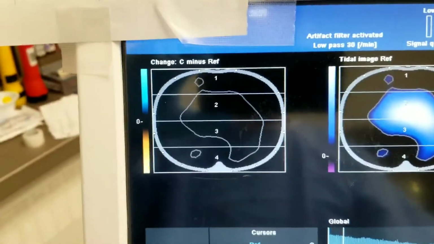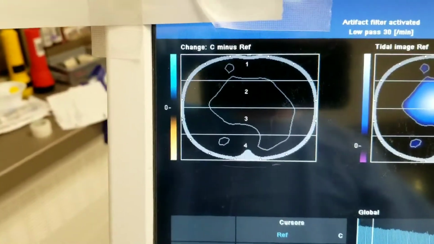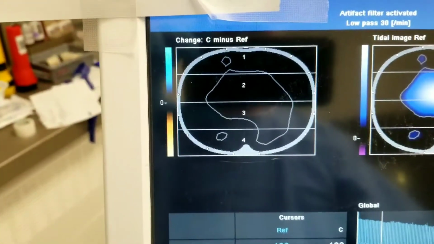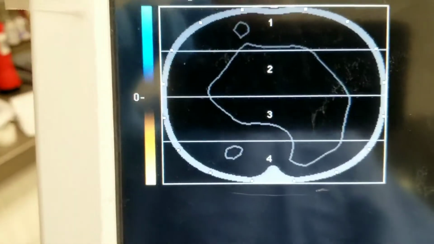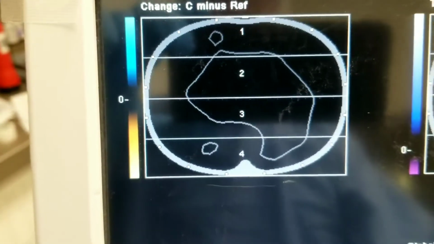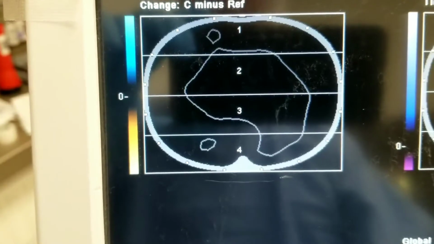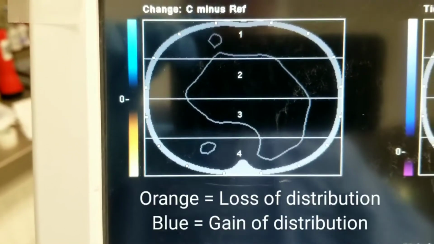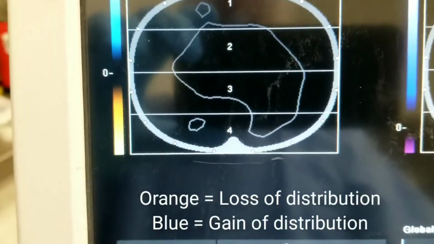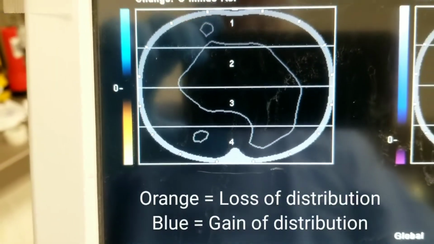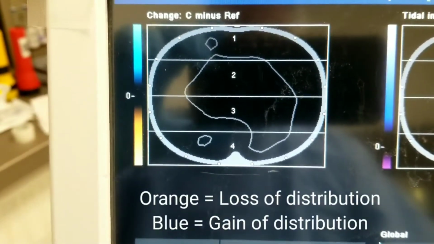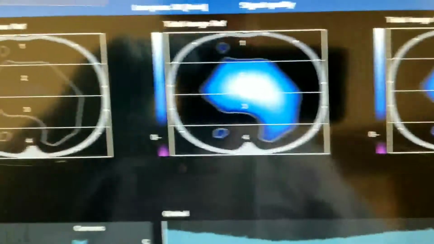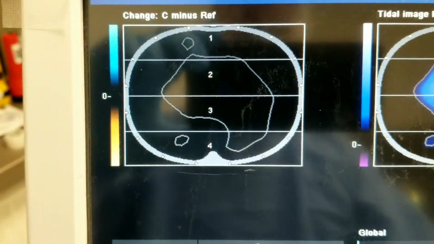Look, I reduced the Phigh from 34 down to 33 and then 32. Up here in the screen, if there are changes, they're going to appear orange. You're not seeing much change, which is really good, because we've reduced the Phigh but we're really not losing any of the lung expansion at the end of inspiration.